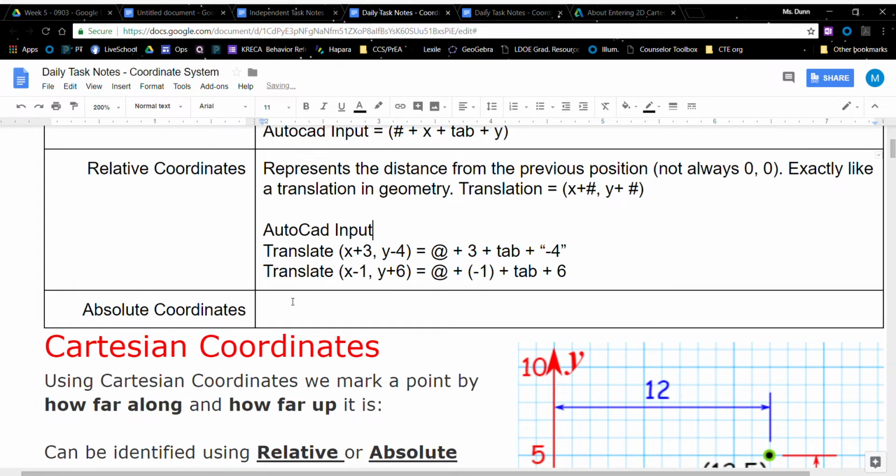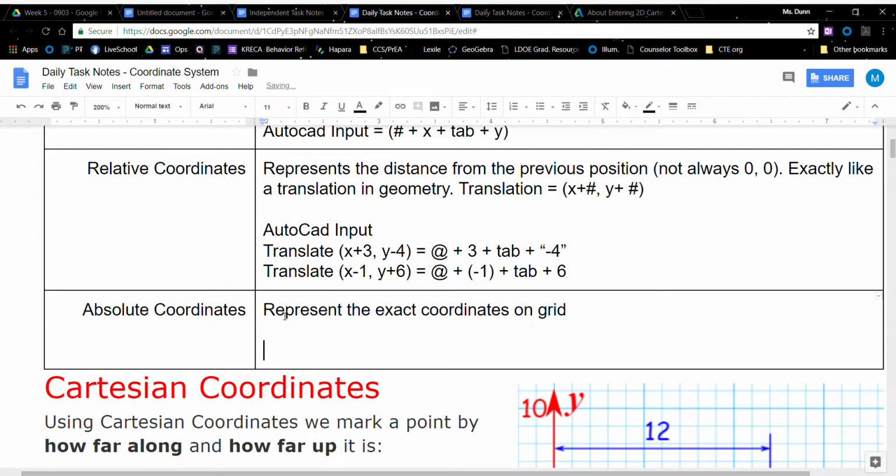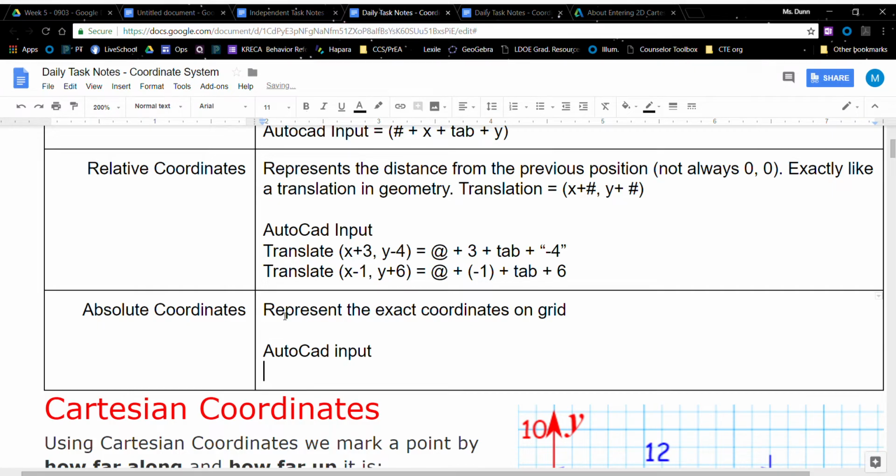All right, so now absolute coordinates. This is what we use the most. These simply represent the exact coordinates on a grid. So if I'm talking about AutoCAD input, if you tell me something is at 5, 7, then how that translates into AutoCAD is I'm going to do hashtag, because I'm going to activate my absolute coordinates.